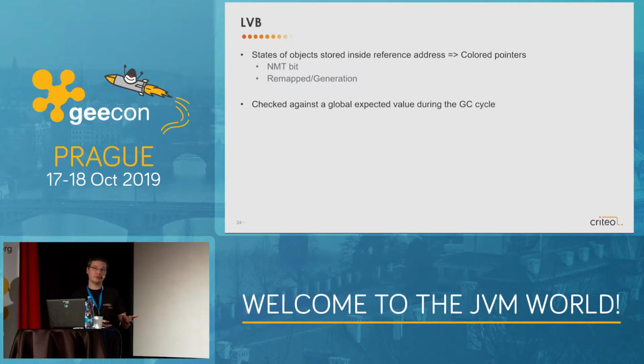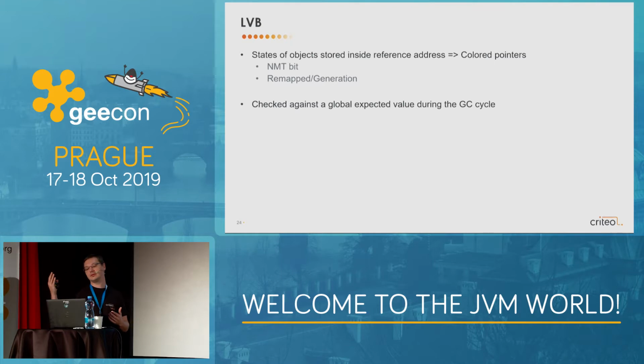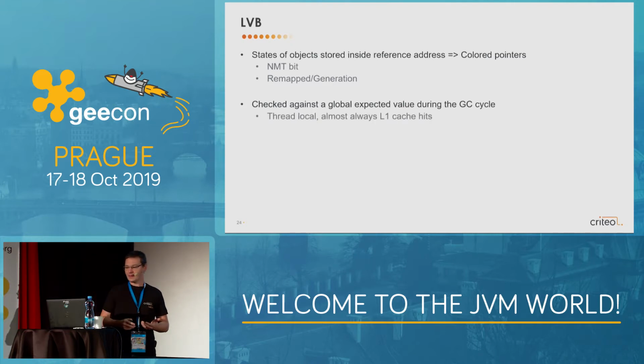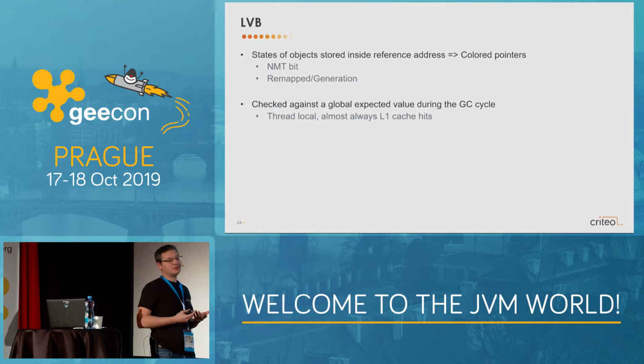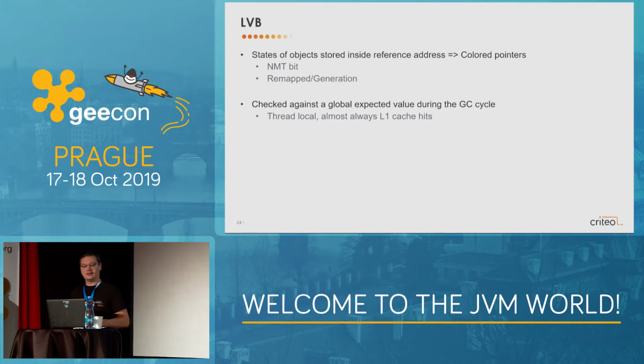So each time we load the reference, we check against a global state that gives us the current GC cycle and what we expect for the color of those pointers, whether this is okay or not. This access to the state is either thread local, so we can benefit from the L1 cache most of the time, or into a register. They changed the way they store this information.